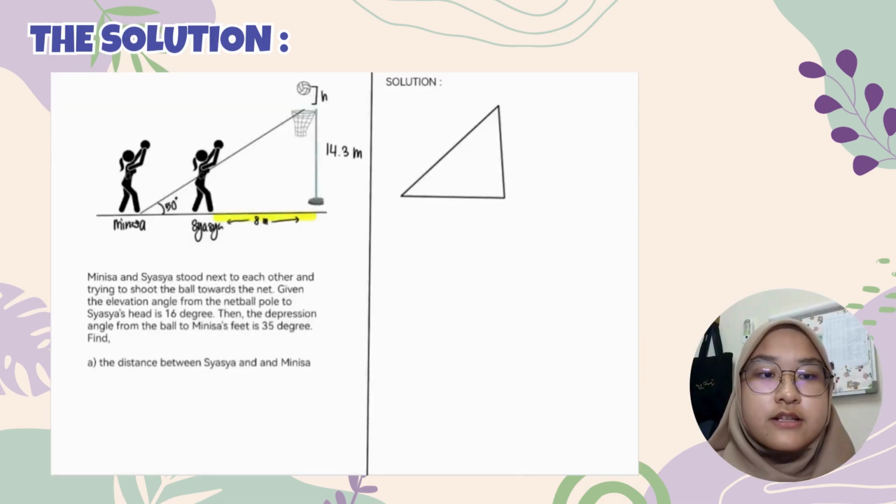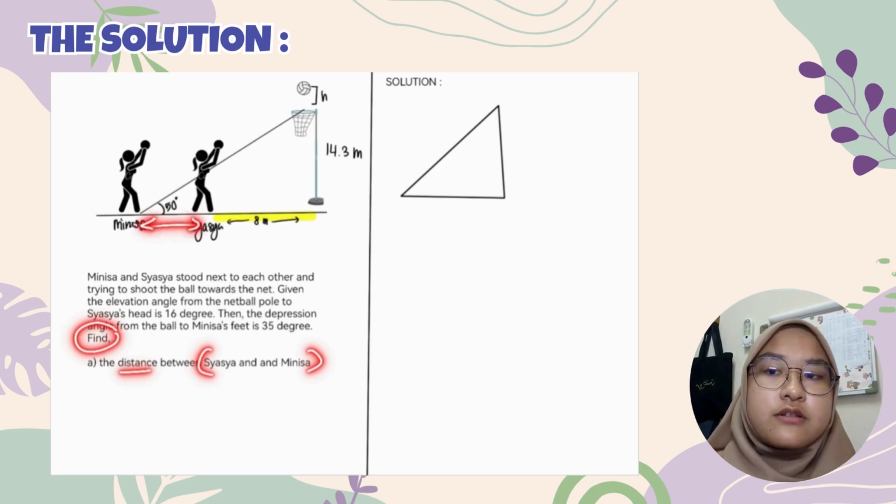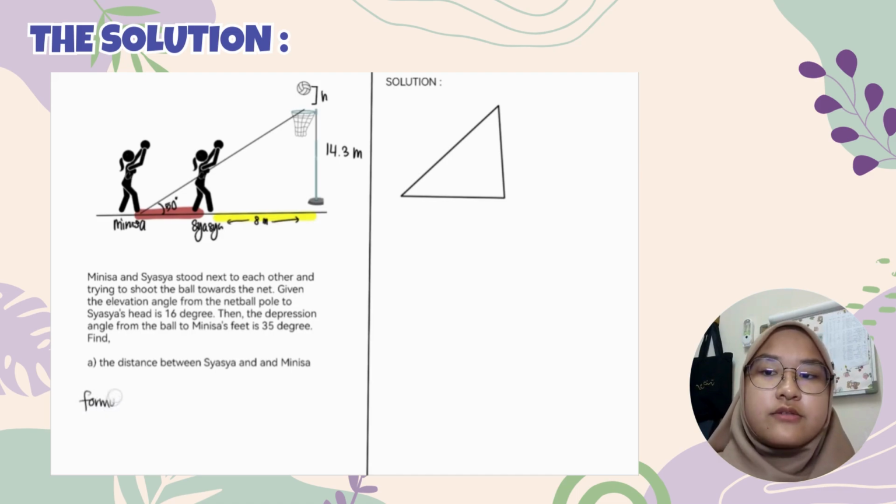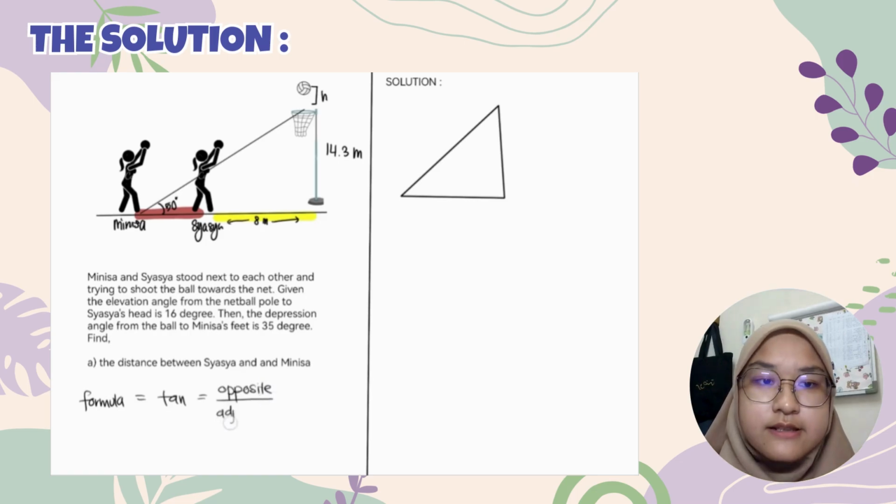For question A, we are going to find the distance between Shasha and Minisa. First of all, I will label it with Y and use a highlighter red. With that, I can see more clearly what I want to find. So after that, I will use the formula tangent equals opposite over adjacent.